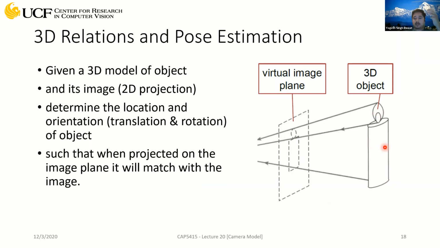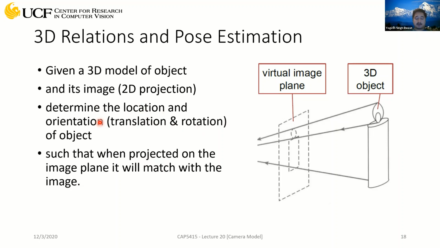So we want to know where this 3D object is actually located and what its orientation is. And by orientation, we mean the translation and rotation with respect to your image plane. And if we know that translation and rotation, then we can use it to project this 3D object into any 2D image plane.